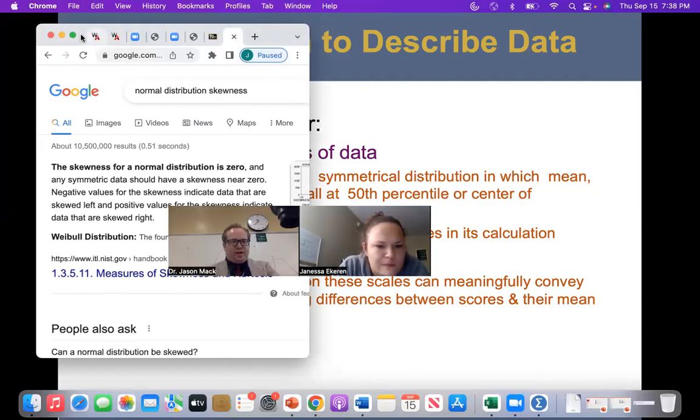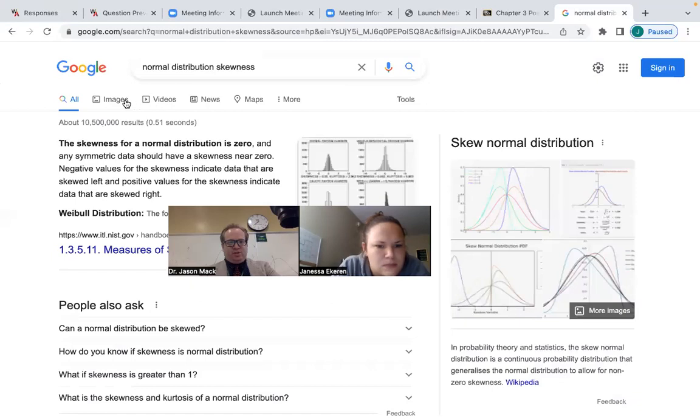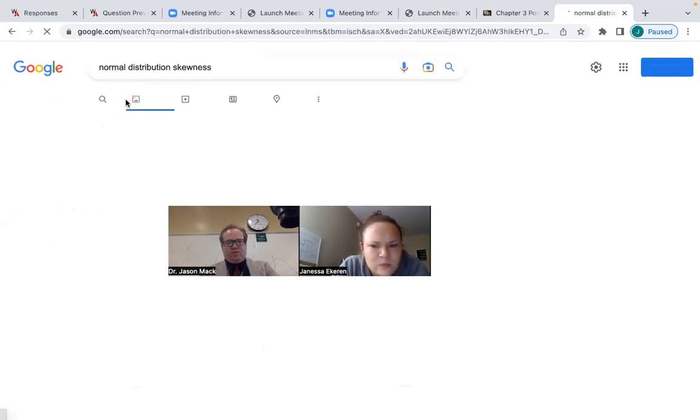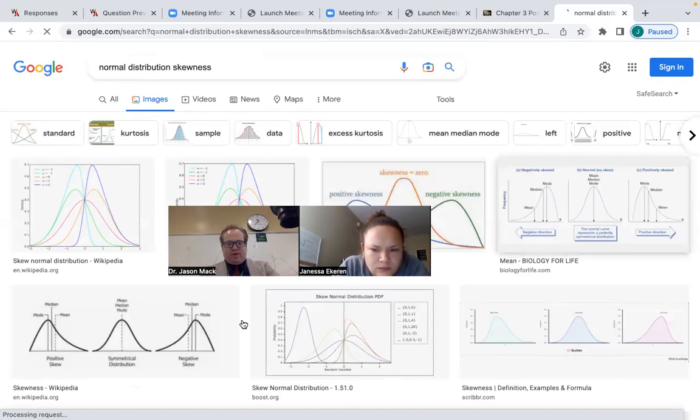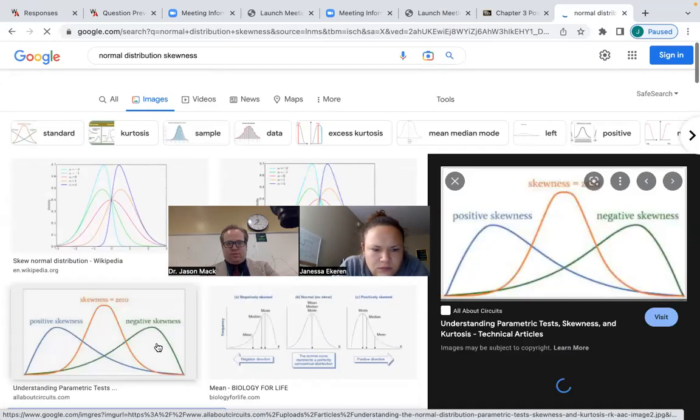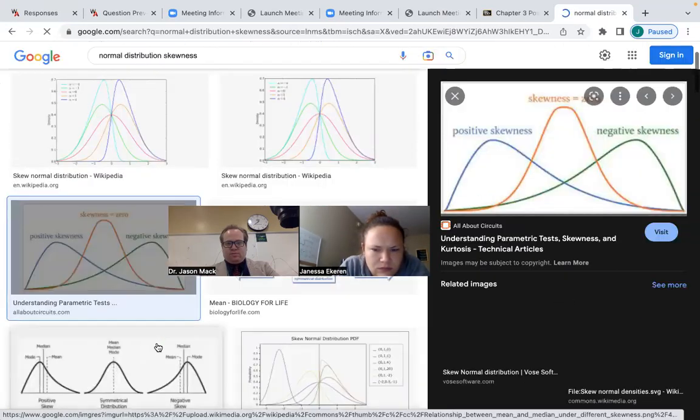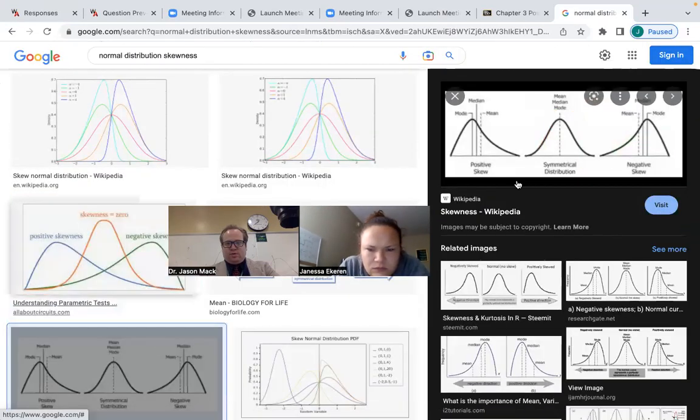What I'm showing them is images for the skew. This is a good example right here. If the mode, median, and mean are on top of each other, that's symmetrical; where they sit is what produces your negative and positive skew.